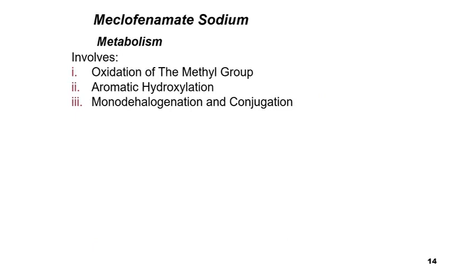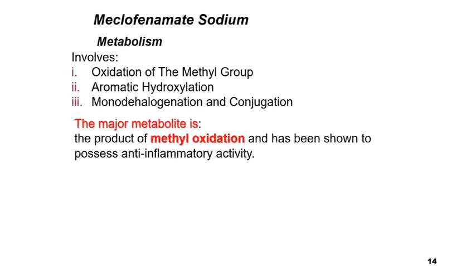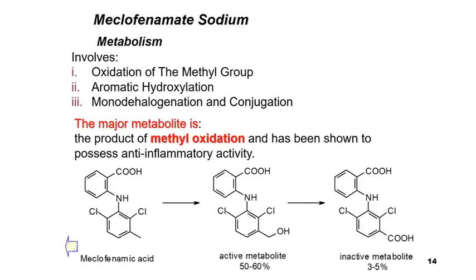The metabolism of meclofenamate is including oxidation of the methyl function to be converted to the hydroxymethyl, which is the primary alcohol form, and then to the acid form. Another oxidation reaction is constituting the hydroxylation of the aromatic ring, even the mono dehalogenation and conjugation.